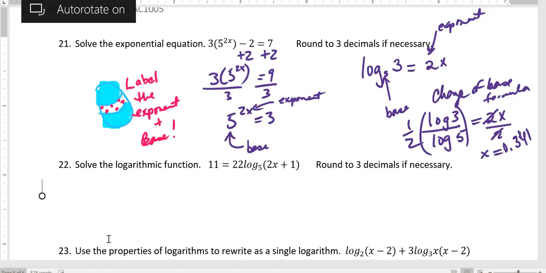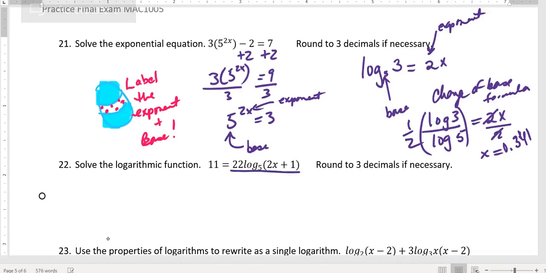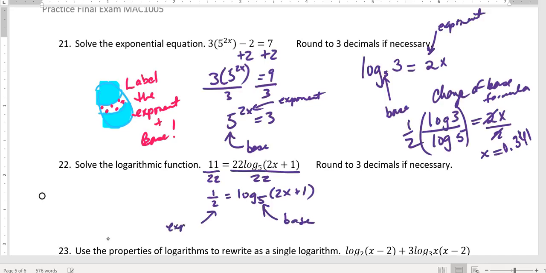Now, our next one is also the same exact problem, just the opposite direction. Okay? So I want to get the log by itself. So I'm going to divide both sides by 2. That's 1/2. And then it's going to be equal to log base 5 of 2x plus 1. Okay? Once it's in the log by itself form, label it: base, exponent.